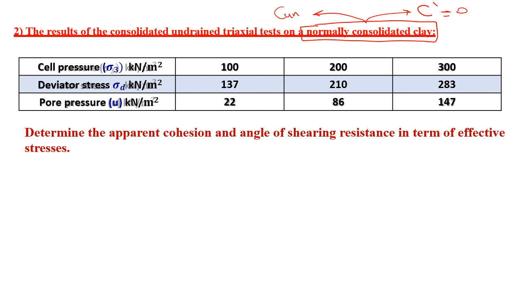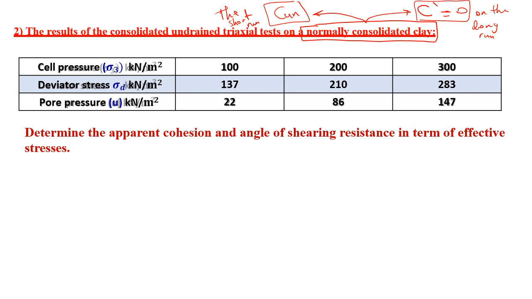So for normally consolidated clays, generally you have a value of c undrained, which represents the shear strength in the short run, and this is in terms of total stresses. On the other hand, you have c prime, which is equal to 0, which is obtained on the long run, and it simulates the effective stresses, or it's calculated in terms of effective stress.